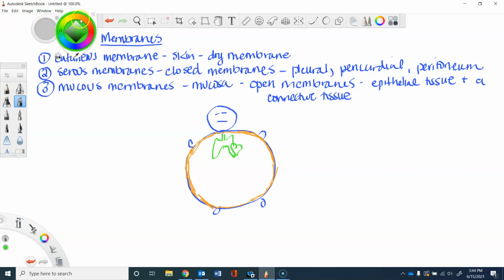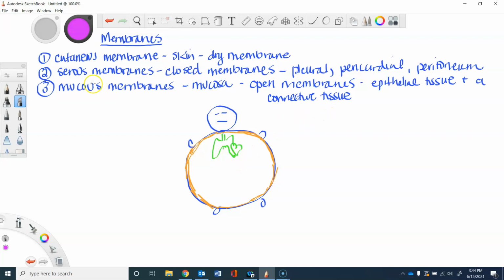All right, so the mucous membranes are going to be lined tubes that are open to the environment.